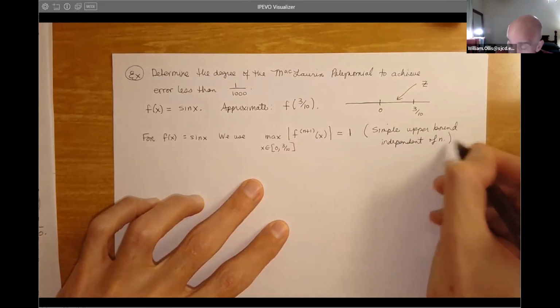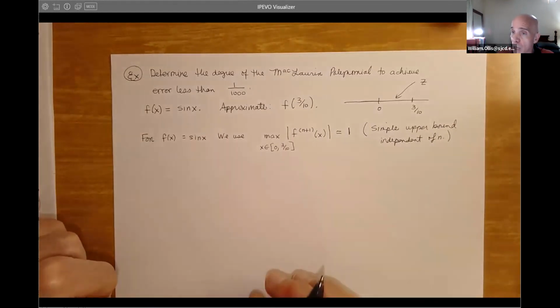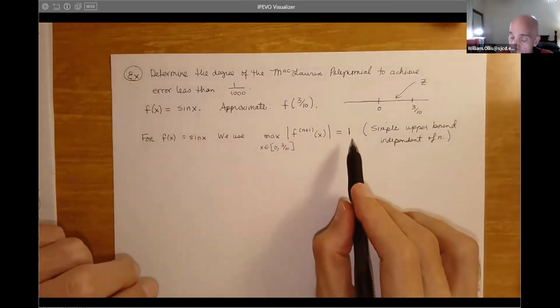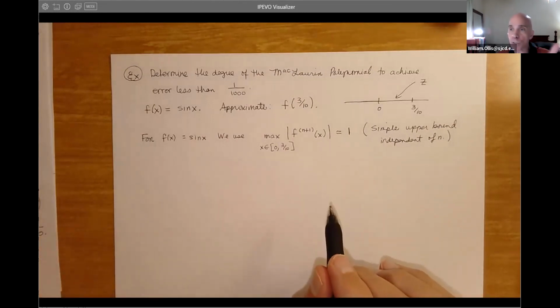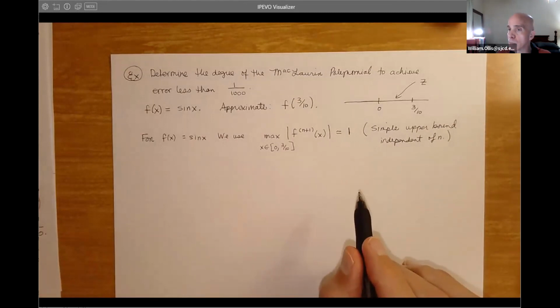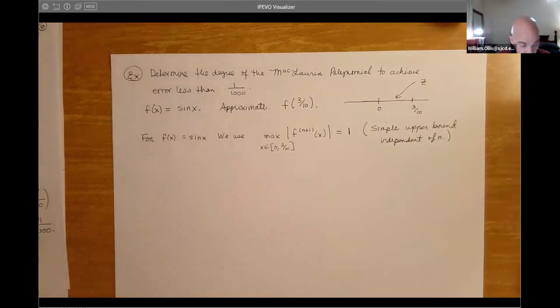I mean, sometimes we have to do a lot more work. You saw what we had to do with the inverse cosine. This is nice. A very simple upper bound for any sine or cosine function, plus or minus, will always be 1. So we can hang on that and know that we will get at least a decent upper bound for the remainder, which will be the error in our approximation.